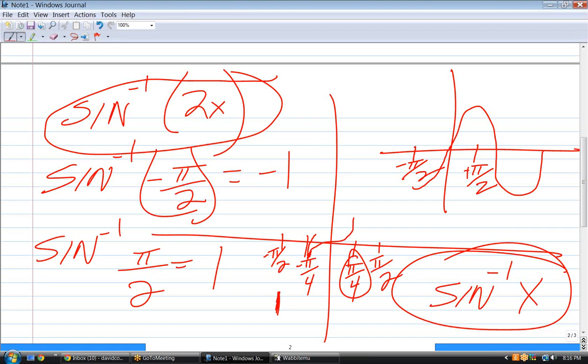I'd have something that looks like this. Wouldn't pass the vertical line test. So the only way the inverse is a function is if I restrict the domain from minus pi over 2 to plus pi over 2. In other words, this point here to this point there. Just that region right there. I can reflect that and I still have a function, and that is the inverse sine function once I reflect that.